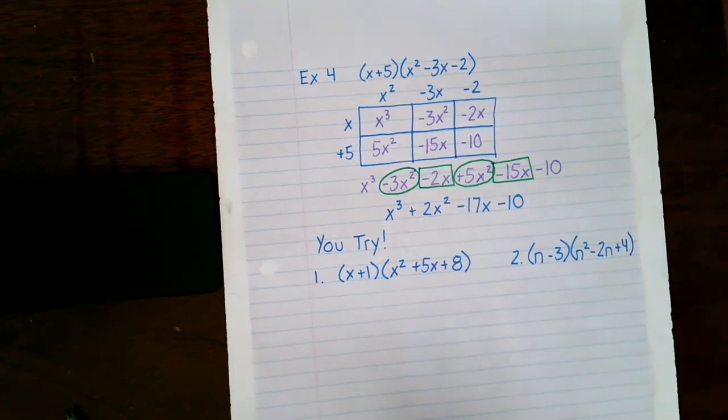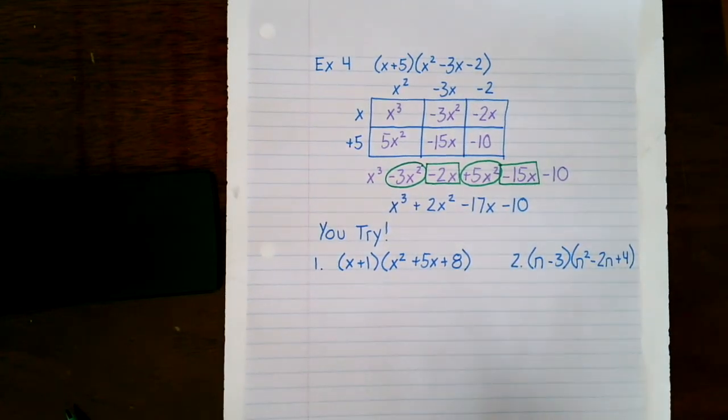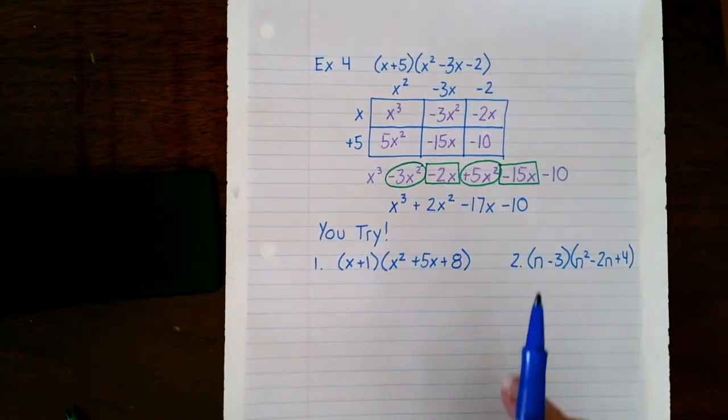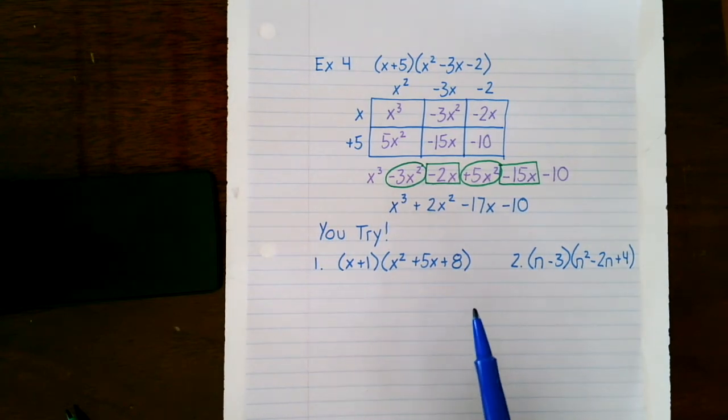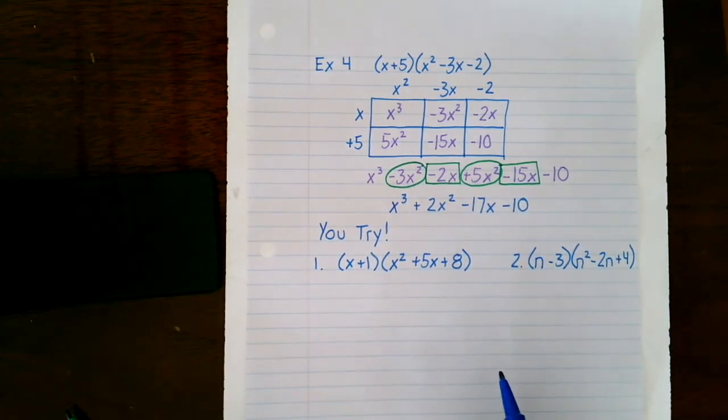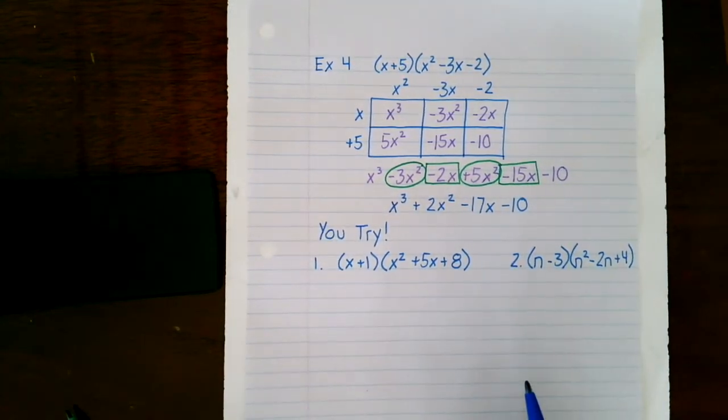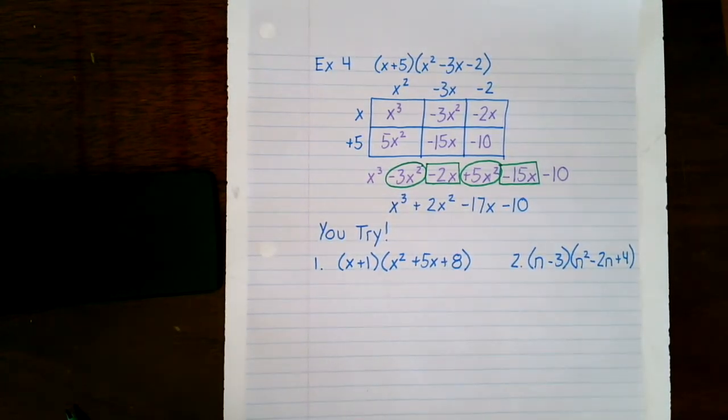So just like before, pause the video now, try these 2 on your own, use the example to help you out, and when you have 2 answers, then go ahead and press play and I'll reveal the answers to you.